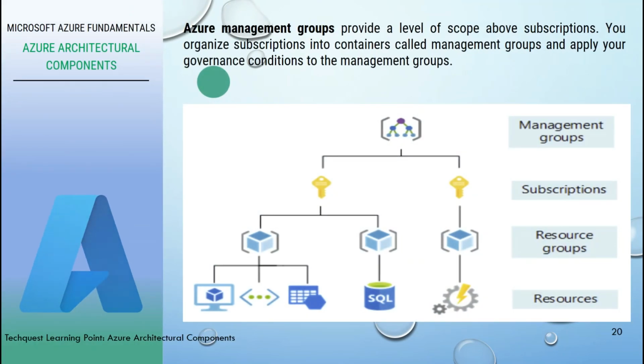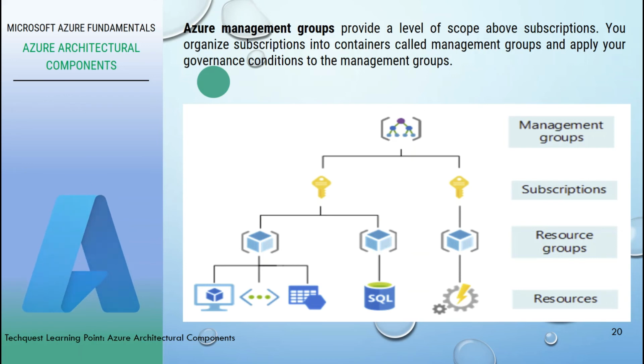Azure Management Groups. If your organization has many subscriptions, you might need a way to efficiently manage access policies and compliance for those subscriptions. Azure Management Groups provide a level of scope above subscriptions. You organize subscriptions into containers called management groups and apply your governance conditions to the management groups.